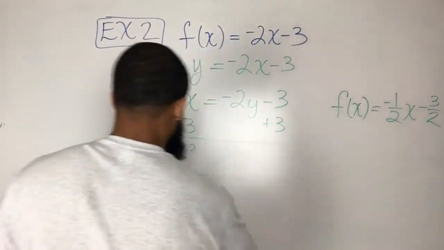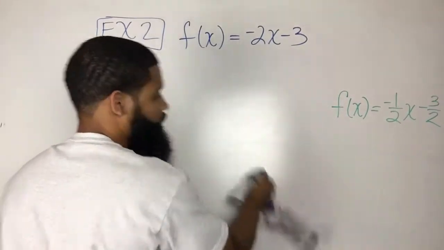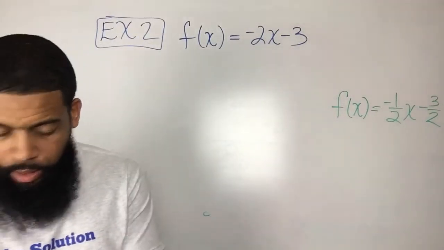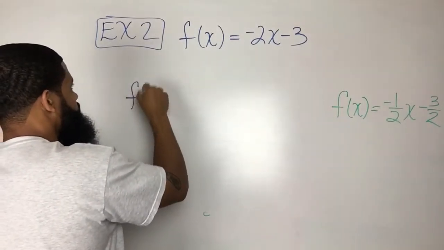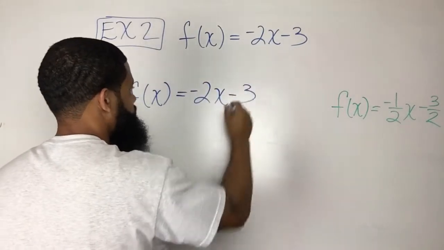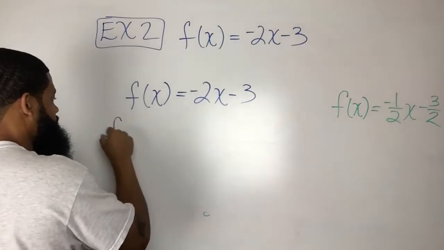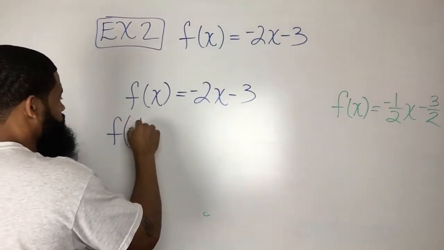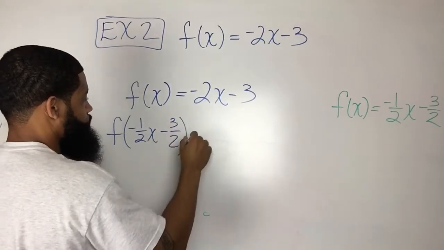I'll end up back with x. So let me show you how that works. If I take this original function, f of x equals negative 2x minus 3, I want to substitute this whole function for x. So I want to find f of negative 1 half x minus 3 over 2.